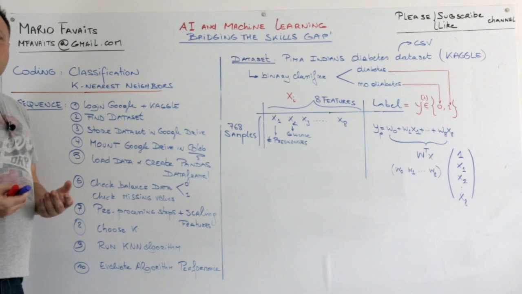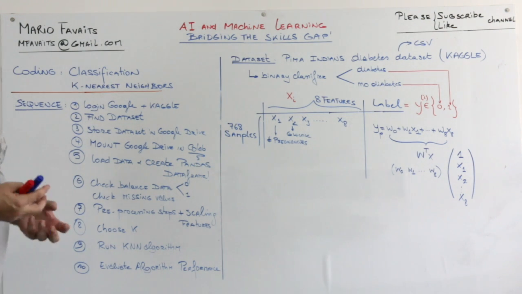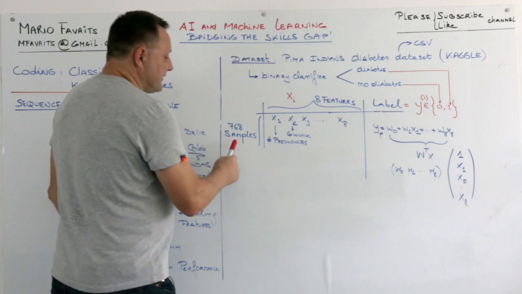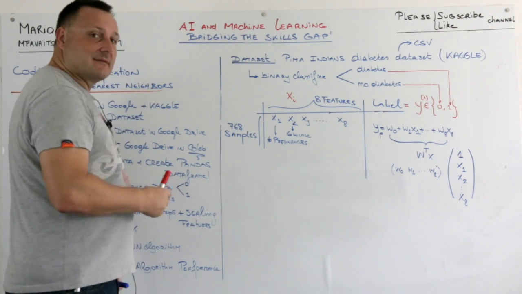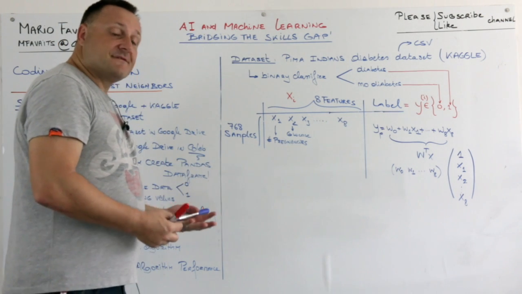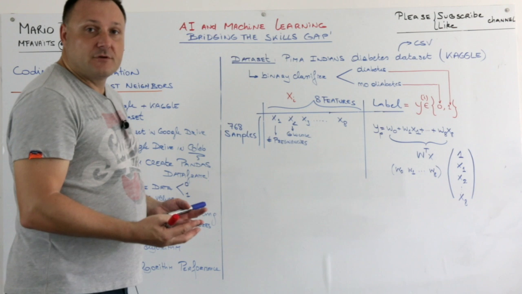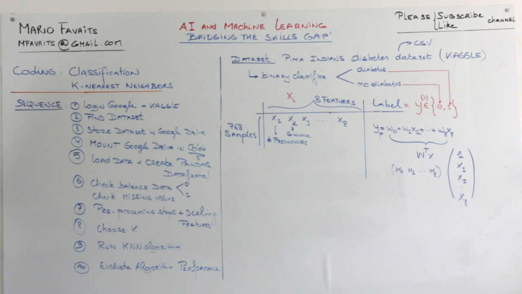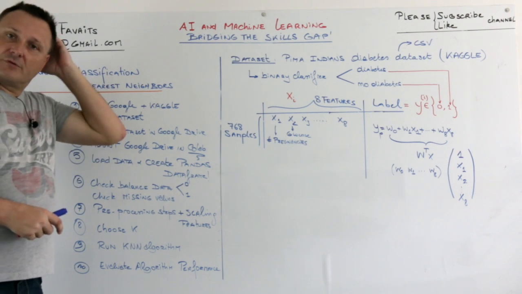First thing we're going to check is if the data is balanced. Balanced means, out of the 768 samples, is half diabetes and the other half no diabetes, or is there an imbalance? This we need to check. We also are going to check for missing values.